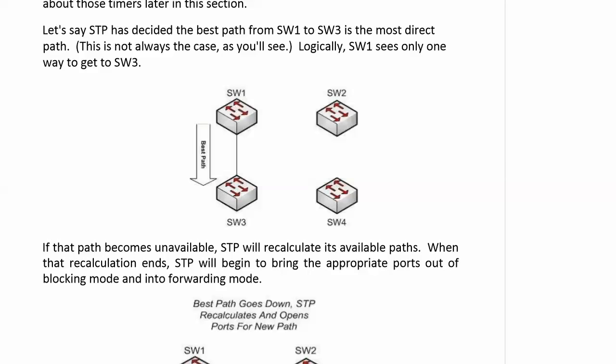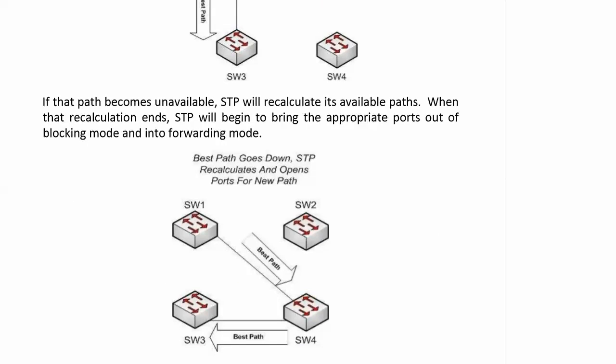Switch 1 just knows one way to get there. Now, if that path becomes unavailable, STP recalculates its available paths, and when that recalculation ends and we have STP convergence, everybody's agreeing on it, then the appropriate ports start coming out of blocking mode and into forwarding mode. Before we go into more detail about STP, one question is, why are switching loops so bad?